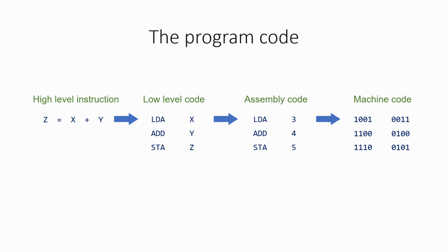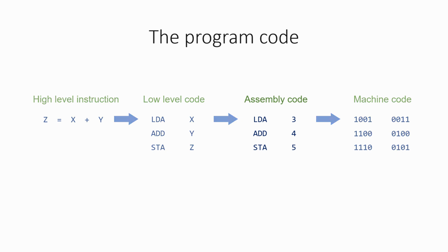This means a compiler or interpreter not only has to understand the high-level language that it's translating into machine code, it also has to know the instruction set of the CPU that it's generating the machine code for. If you're compiling a program to run on a PC and a Mac, for example, you're going to need two different compilers.